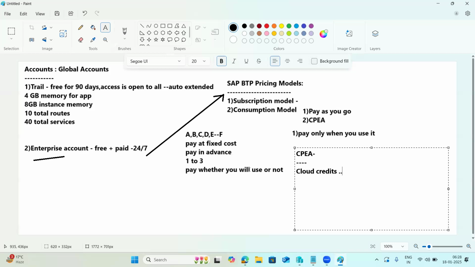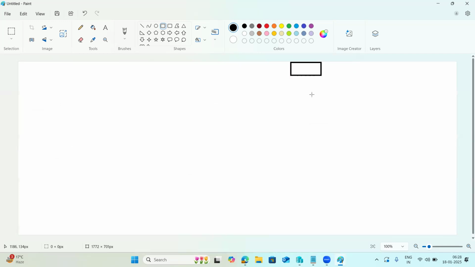So these are the account models for the BTP. If we talk about the pictorial diagram of the BTP architecture, normally we have the global account. We get the global account from SAP based upon our contract and licensing, in the form of a BTP cockpit URL.